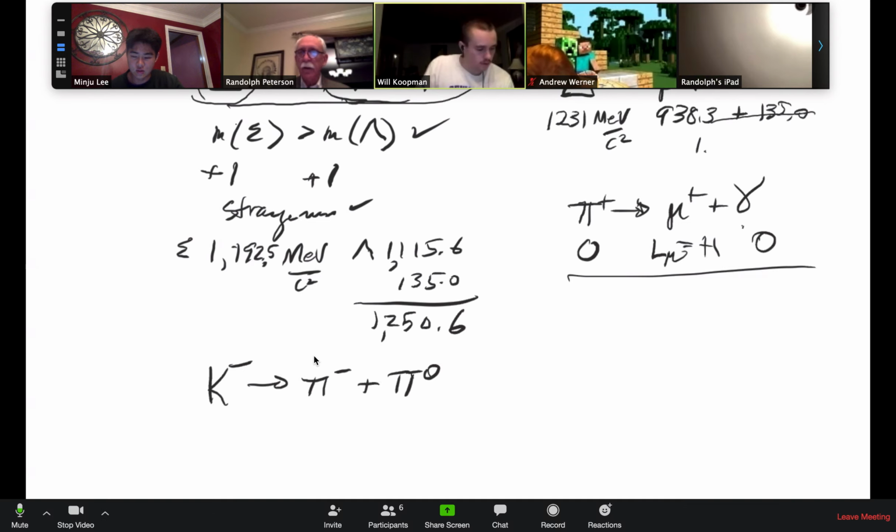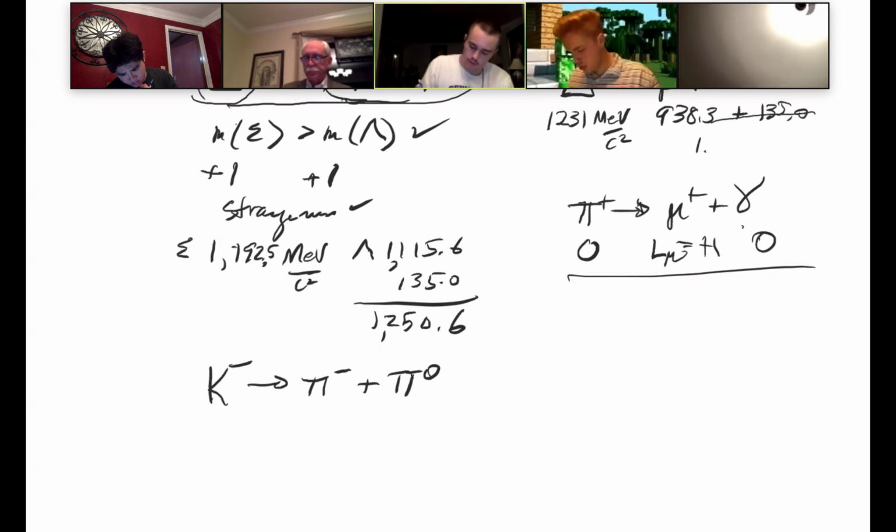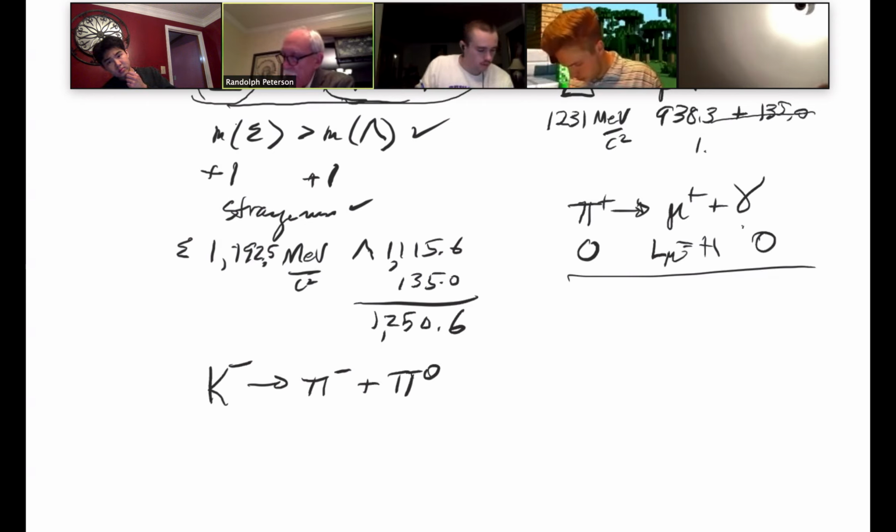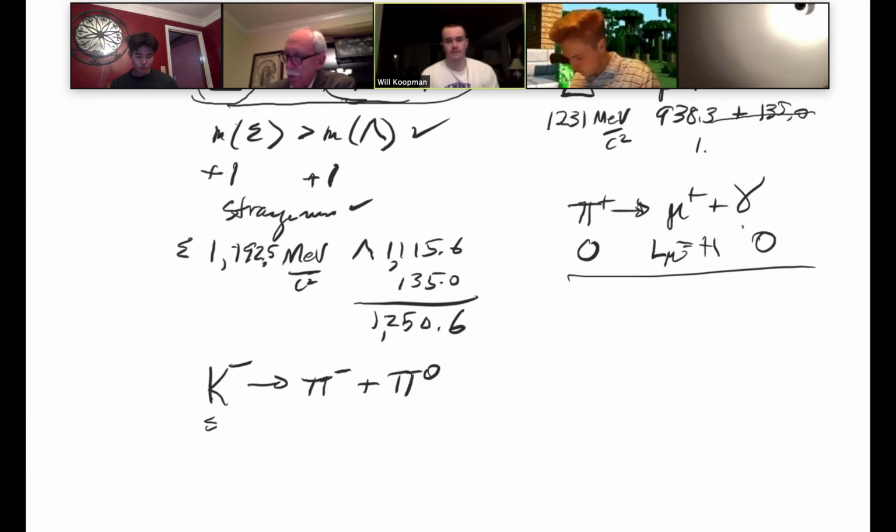It doesn't work because of the strangeness number. Anybody else agree with that? Yeah, the kaon has a strangeness of plus one.